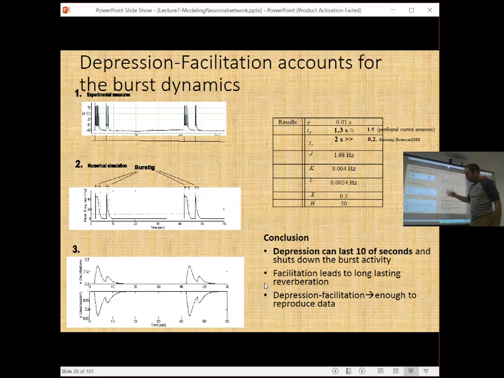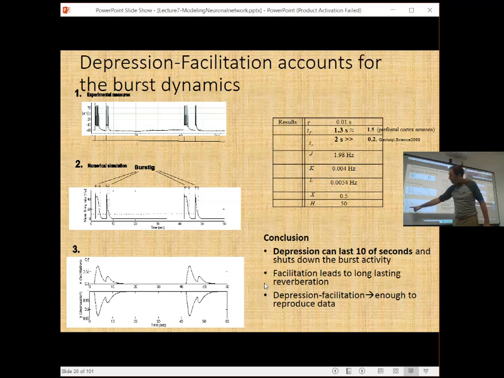But what we understood is, by showing the facilitation and the depression, so this is the facilitation. You see at the beginning, to engage all of the neurons, you need this facilitation event that will create calcium, the first calcium peak. But what was interesting is why the second peak is smaller.